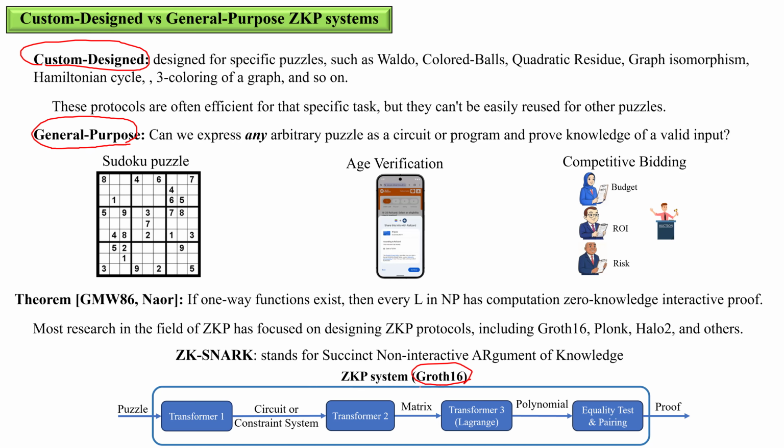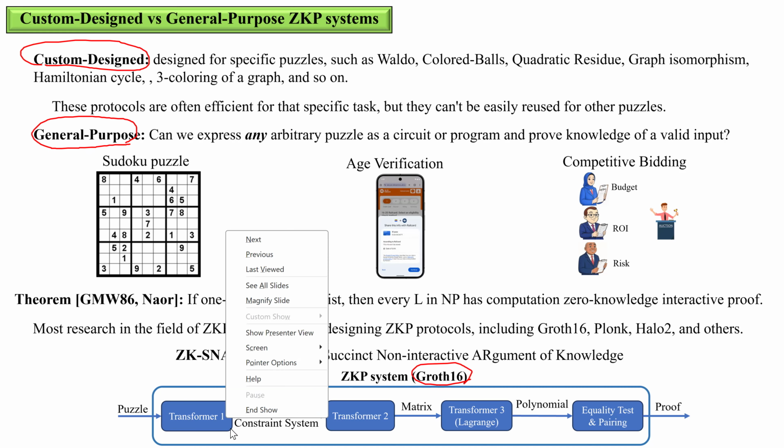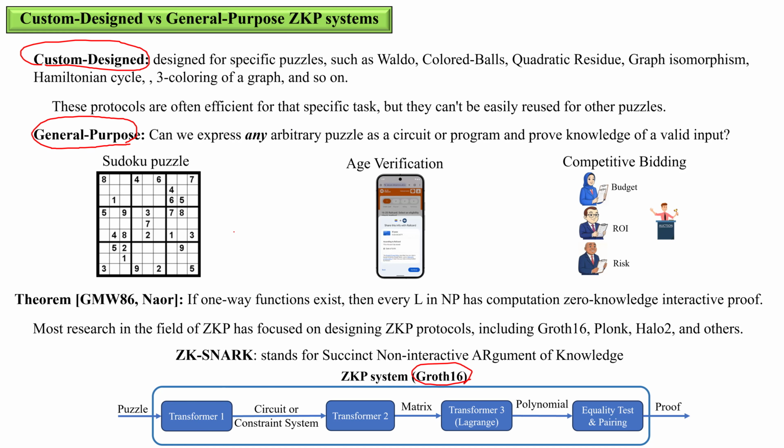You can define any puzzle as a constraint system, right? So for instance, if you want to work with a Sudoku puzzle, you convert your Sudoku puzzle into a correct circuit or correct constraint system, right?